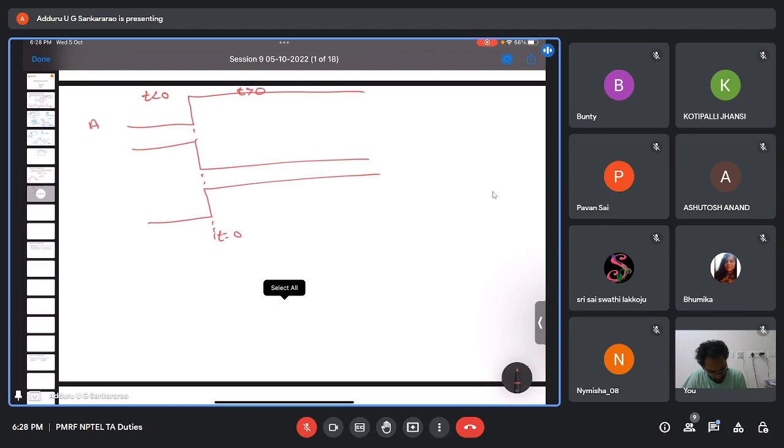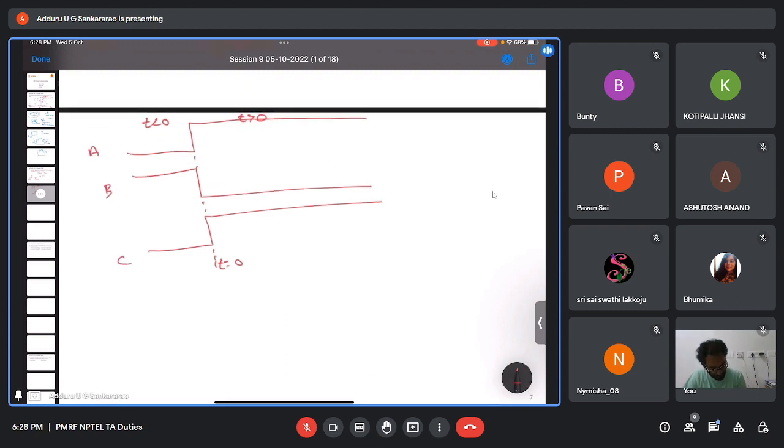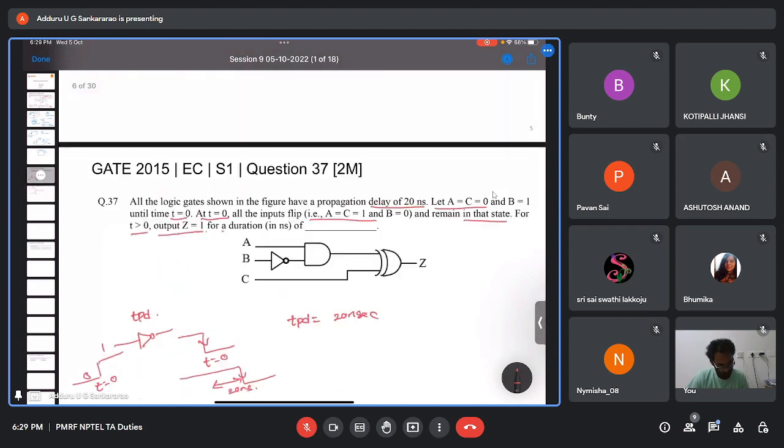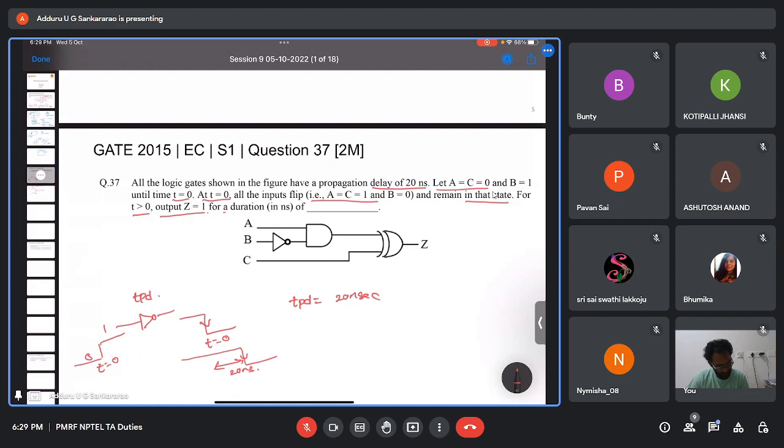Now this is A, this is B and C. In the question it is given that A and C are 0 for t less than 0 and B is 1. For t greater than 0, A is 1, B is 0 and C is 1. Now the signal is applied. This is the circuit.